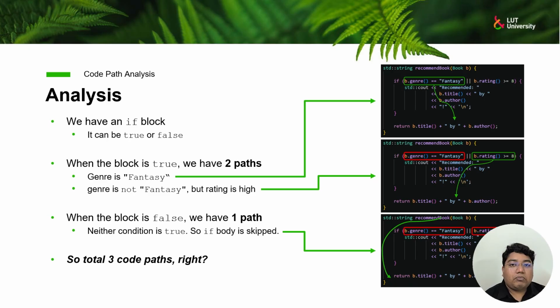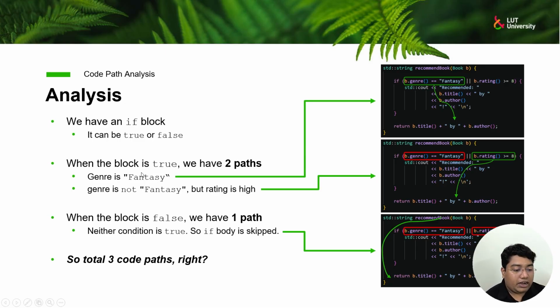So let's count the paths that we can see here. Our function contains one if statement. Inside that if, the program checks whether the book genre is fantasy or not. If it is fantasy, then we take one path.